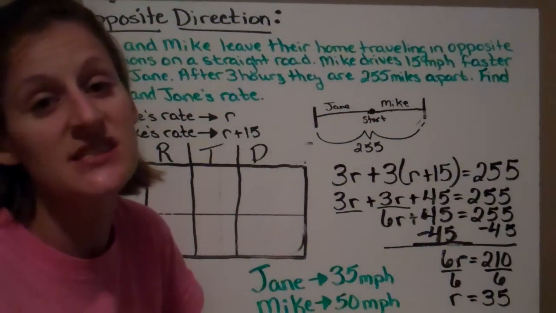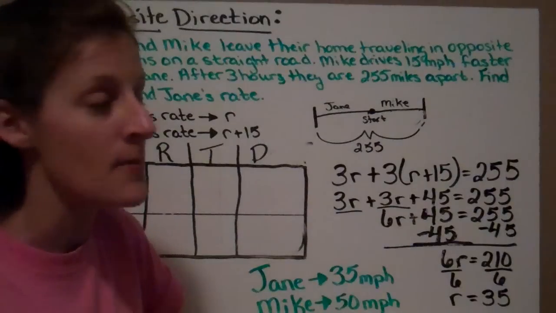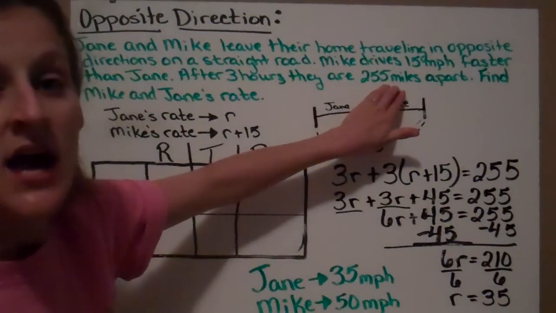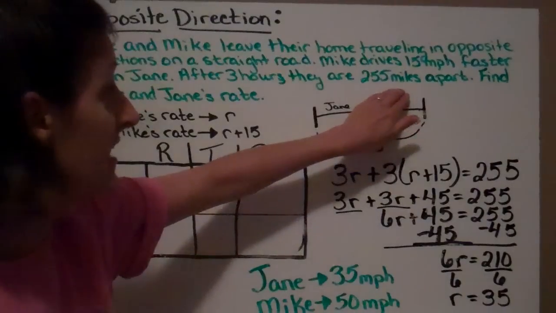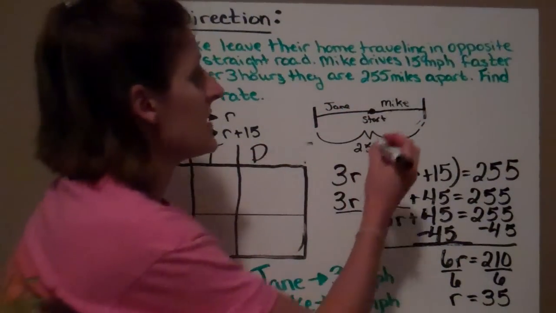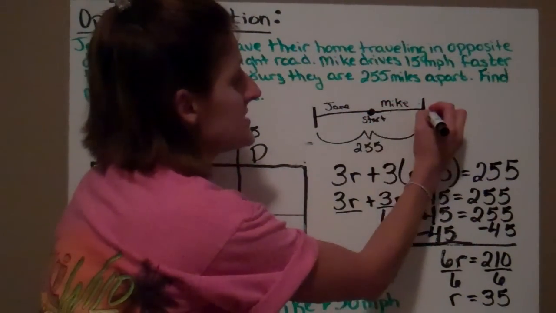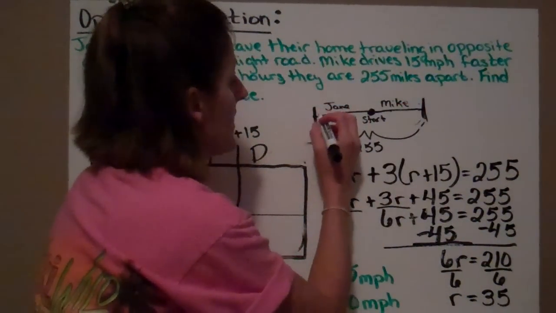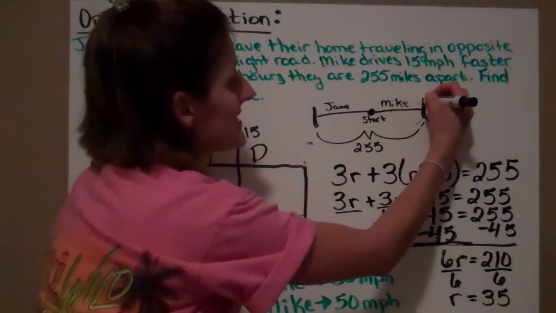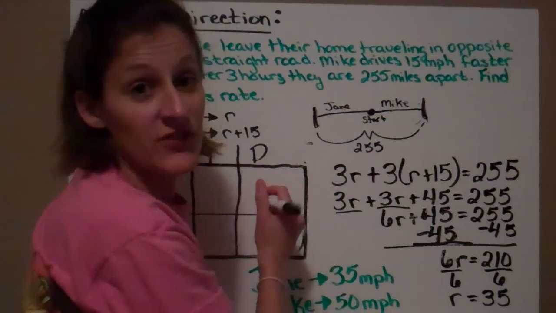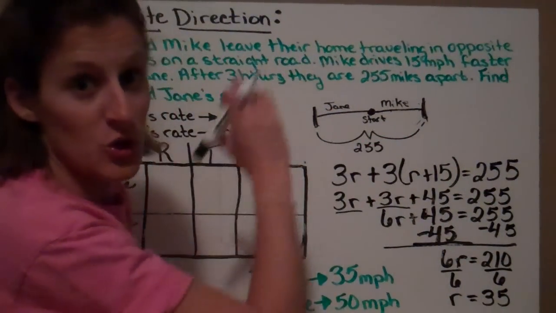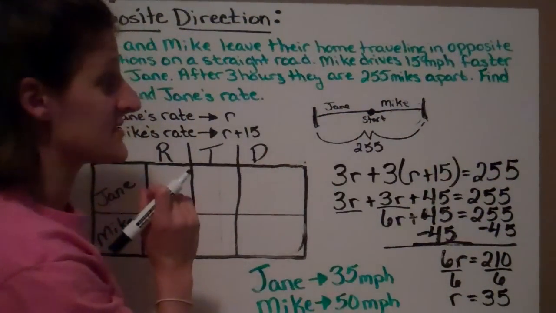Now notice this is the first problem that has actually given us a distance in numbers, and that's right here. That's because if we both start here, Mike goes this way, Jane goes this way, but from here to here is 255 miles total when you add the sum of both distances.